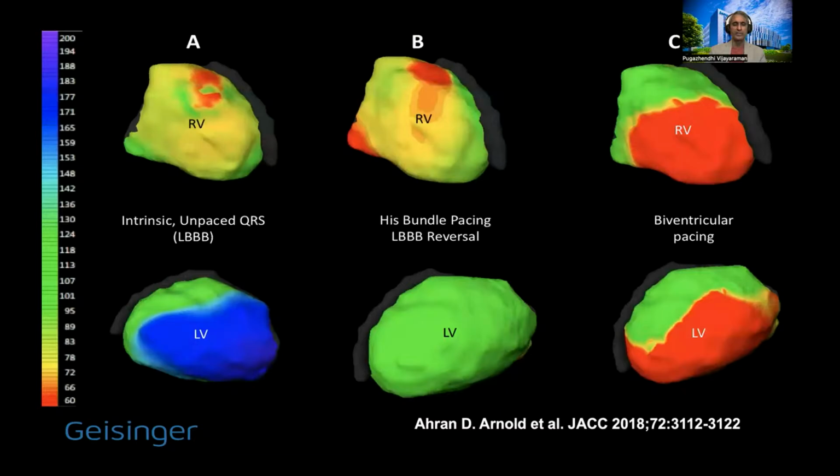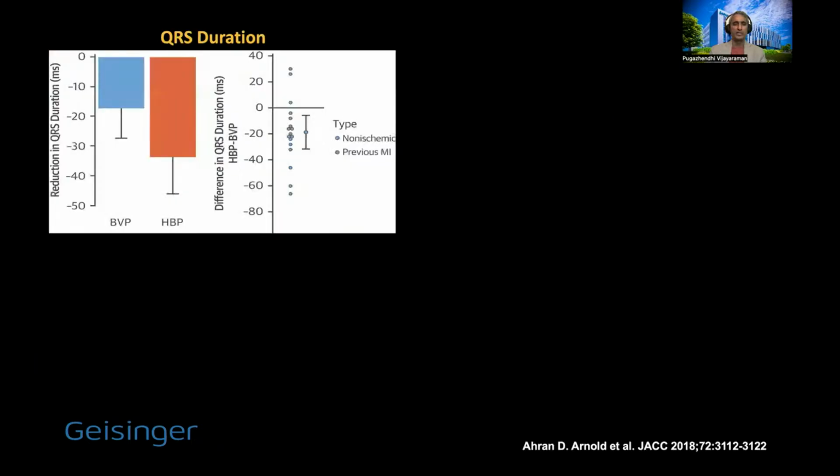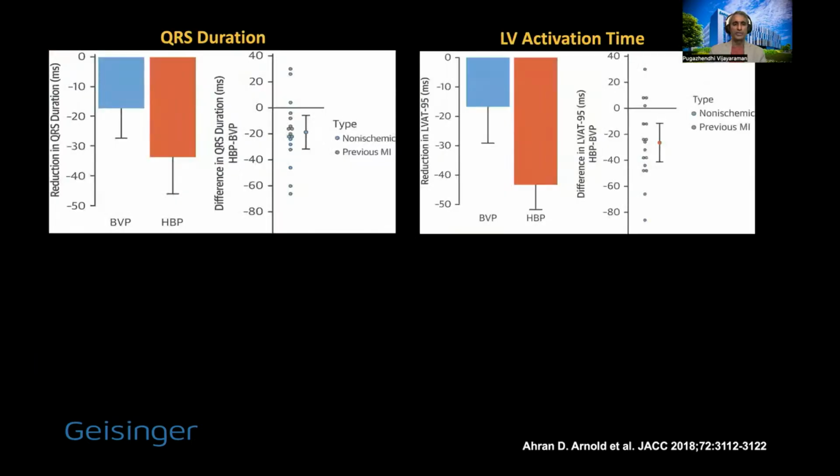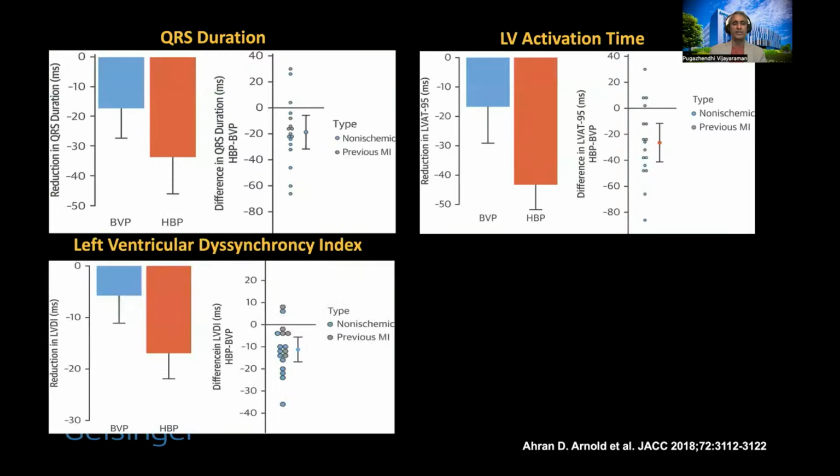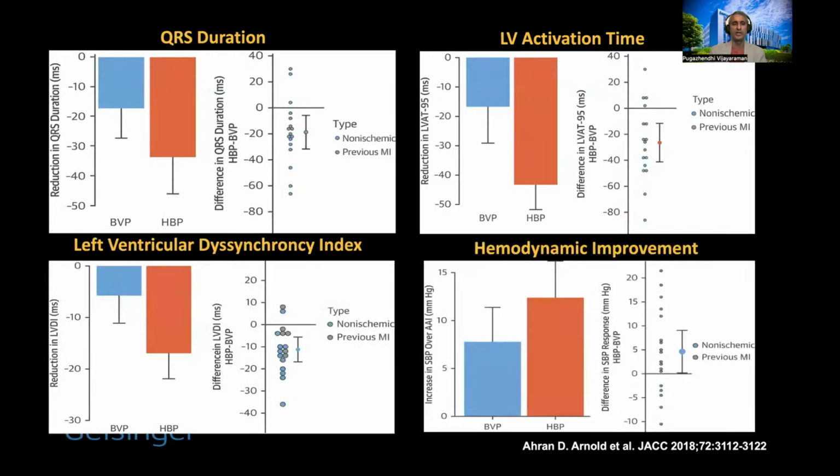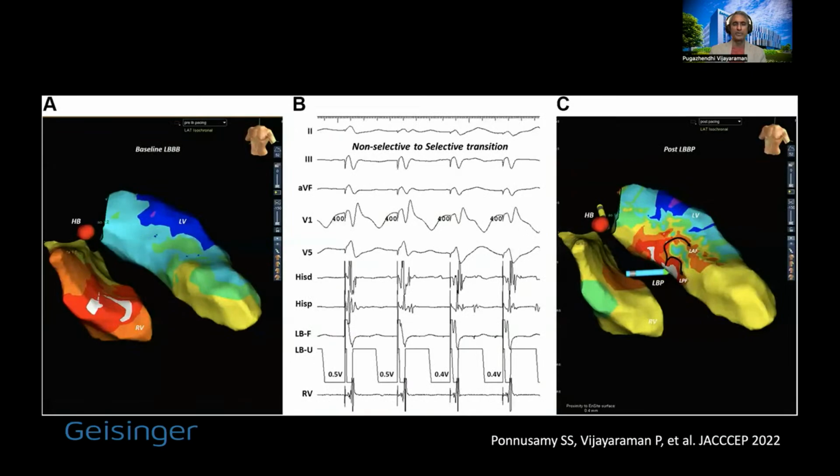This is an elegant study from Imperial College comparing His-Purkinje pacing versus biventricular pacing, with body surface imaging using ECG showing that the QRS duration, LV activation time, and left ventricular dyssynchrony index were significantly improved in patients undergoing His-Purkinje pacing compared to biventricular pacing in left bundle branch block, resulting in greater hemodynamic improvement, suggesting that you can achieve maximal electrical resynchronization with improved mechanical performance.